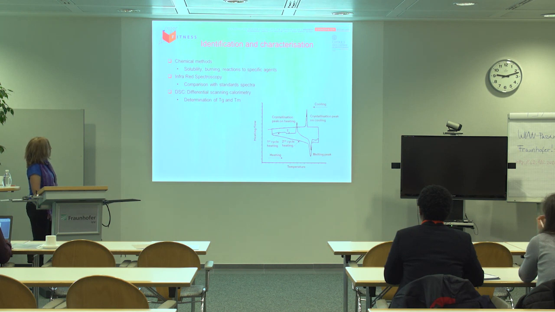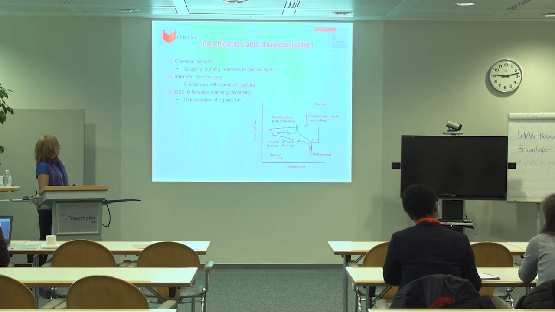Regarding identification and characterization of the materials, for plastics we can use some chemical methods, like checking solubility of the material in different solvents, or burning and looking at the color of the smoke and the smell of the smoke.